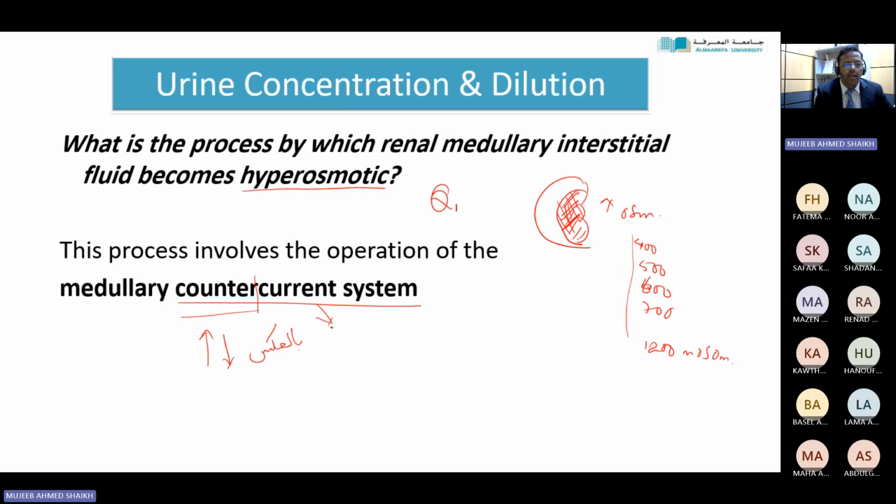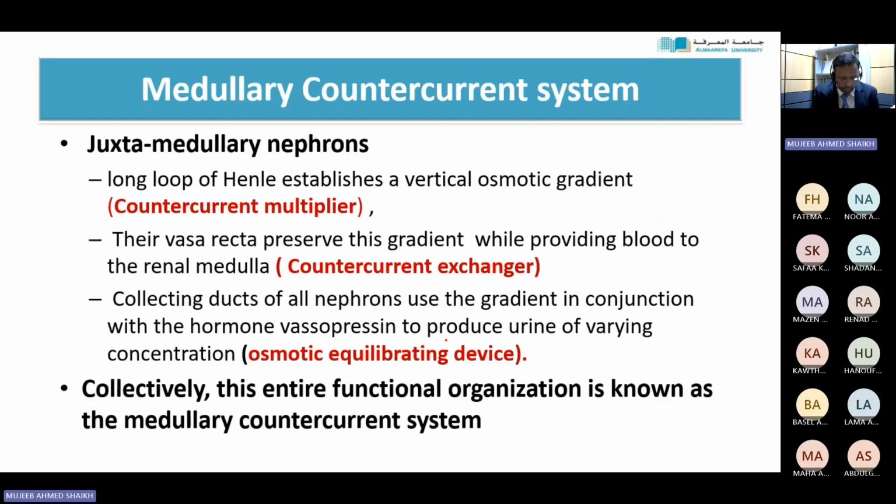What is meant by current? Current means flow. The fluid is flowing in this direction and the other fluid is flowing in the other direction. This is called the counter current system. We will see in the next slides how this system works or where it is exactly located.